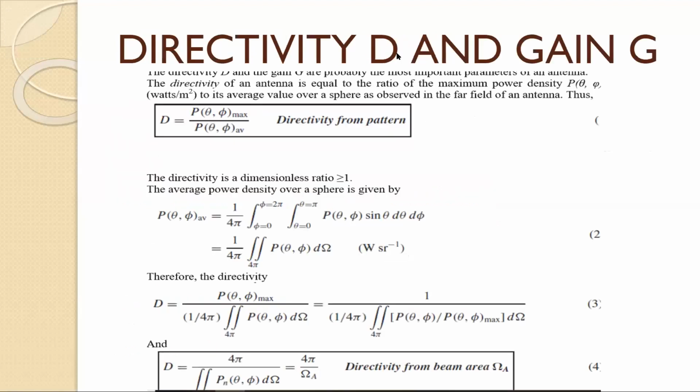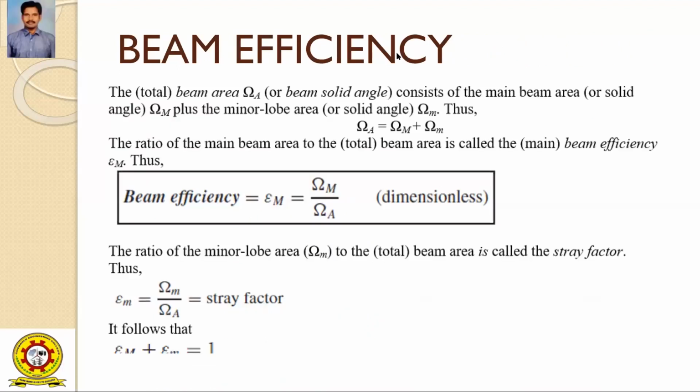That beam area individually consists of the main beam area, that is the major, plus minor. From this knowledge, total beam area can be expressed as Omega A equals Omega major plus Omega minor. You are watching on your screen the beam area equation. This is the important equation.